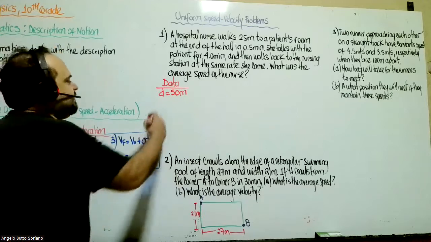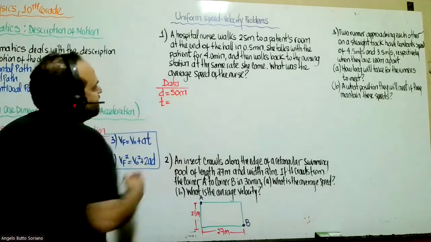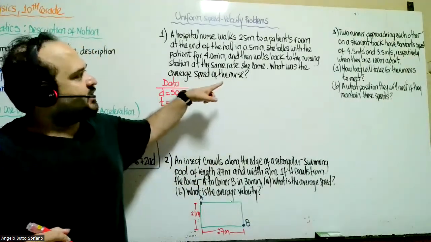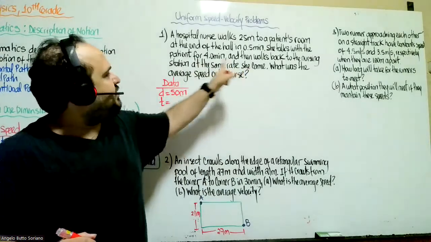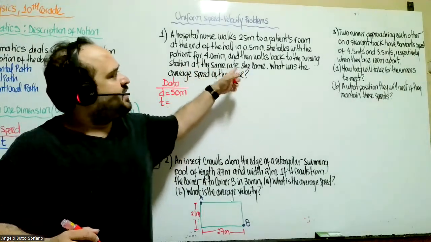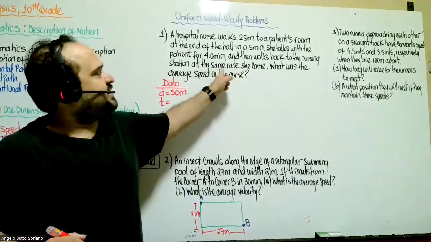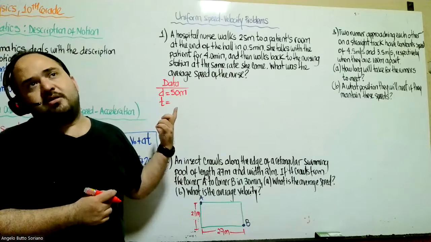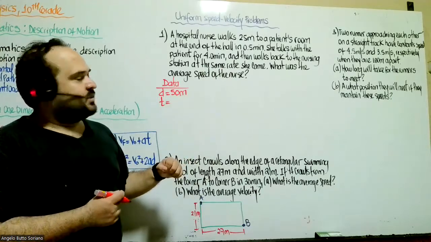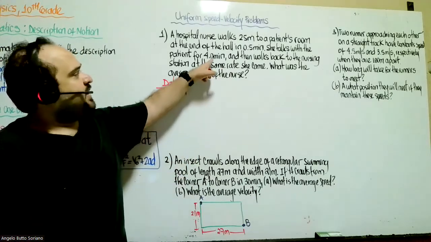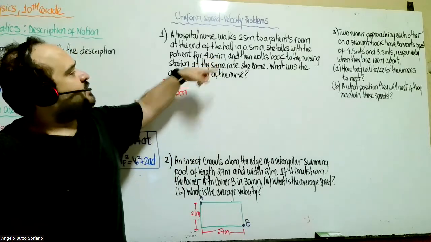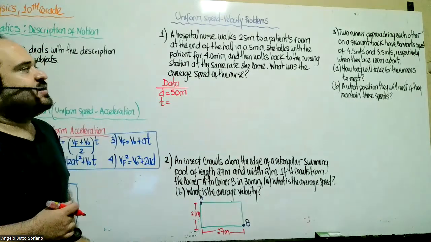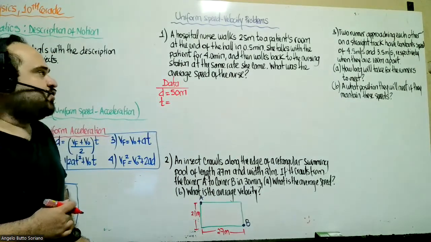Now let's see what happened with the total period of time. Remember, in the first track, 0.5 minutes. And the second track, she goes back to the nursing station at the same rate she came. What does that mean? The second time will be 0.5 minutes also. That will be 1 minute, okay? And we have to add the 4 minutes that she's talking with the patient, because the problem never says I'm going to consider only the movement time.